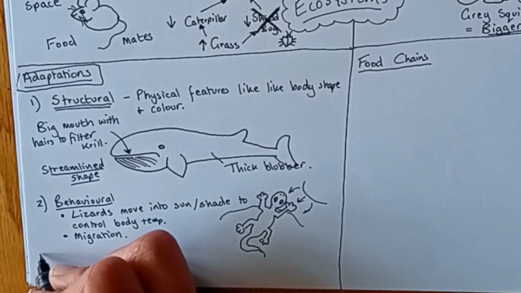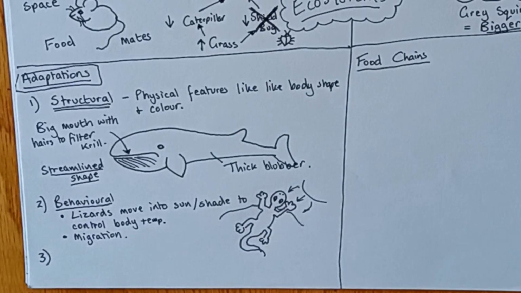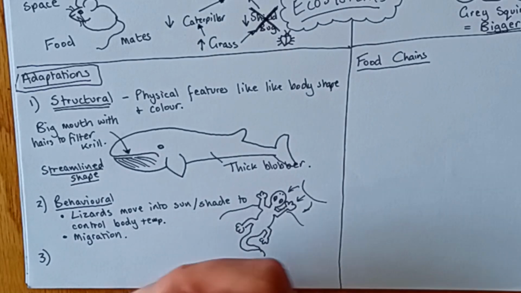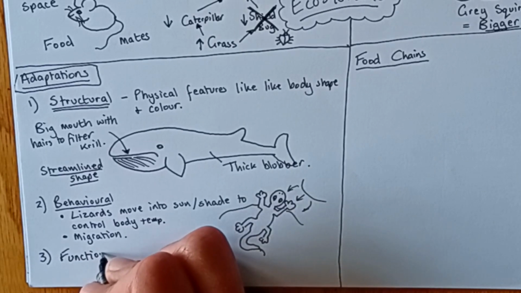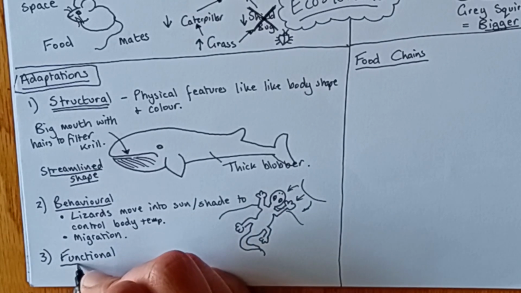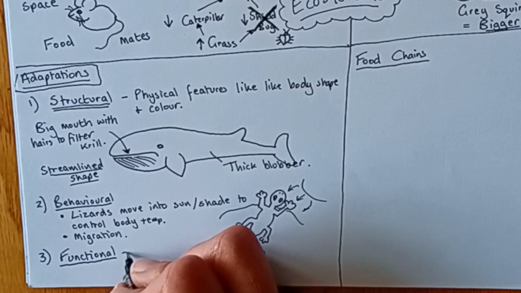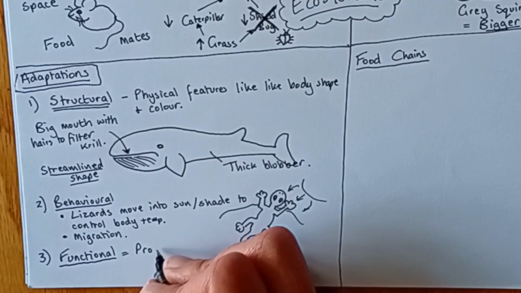And lastly, the type of adaptation that we can't see, so it tends to be processes or biochemistry happening inside animals, is called functional. So functional adaptations are biochemistry or processes inside animals.